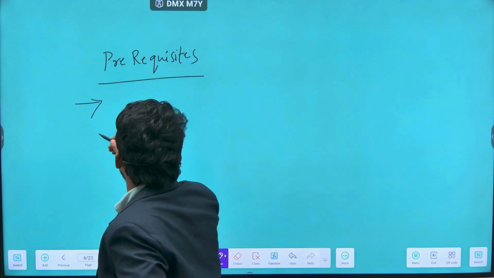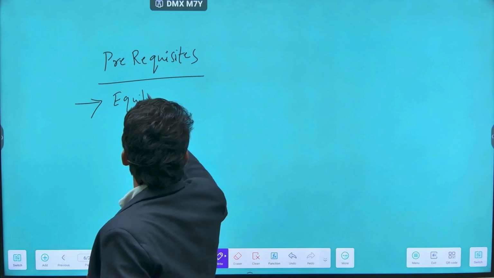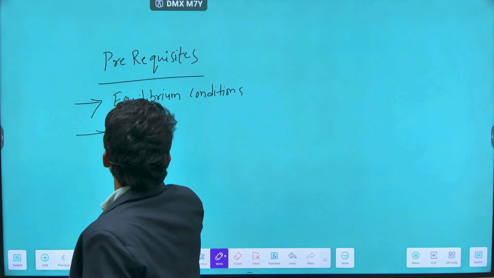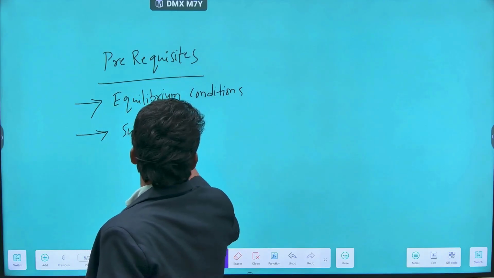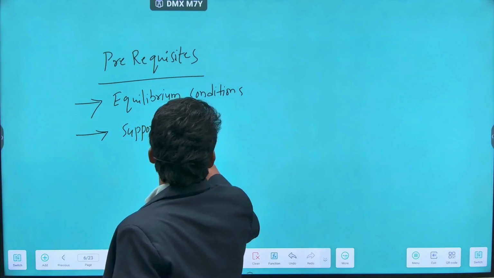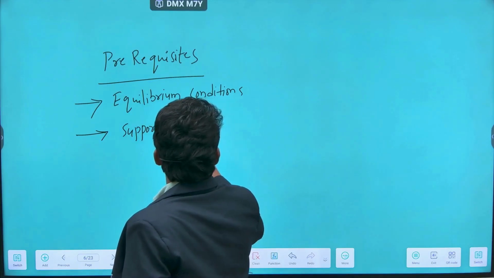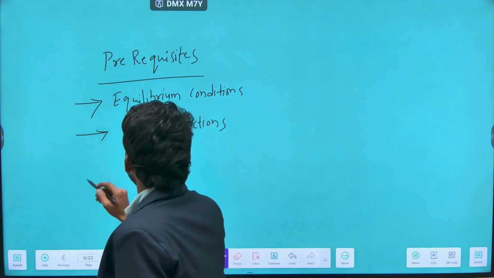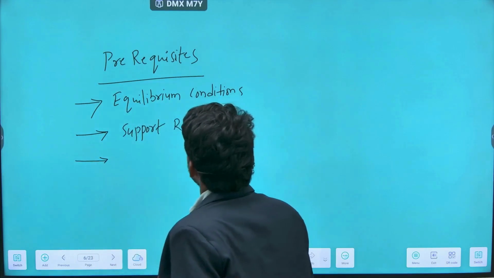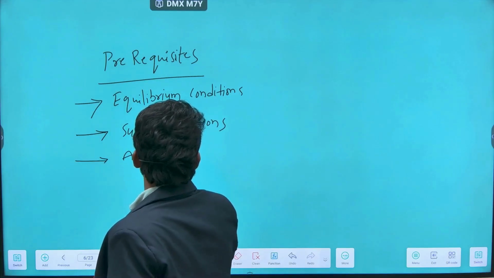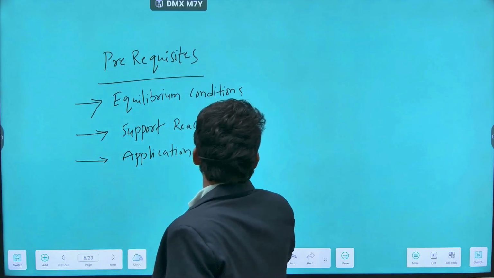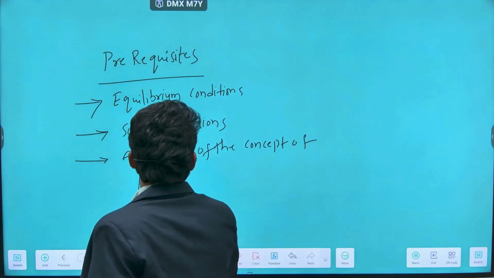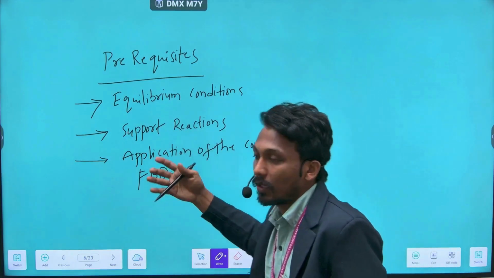You need to have the basic knowledge of equilibrium conditions, support reactions, application of the concept of free body diagram. So these are the prerequisites that are required to understand this concept.